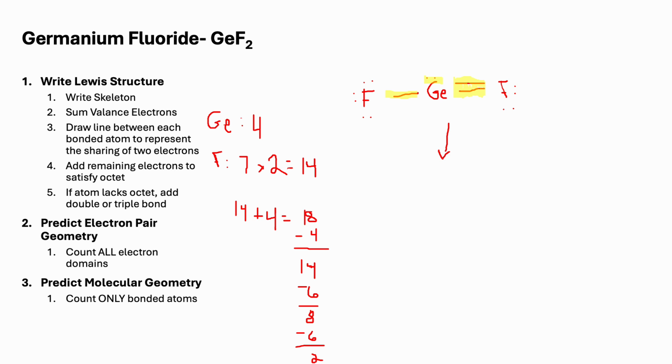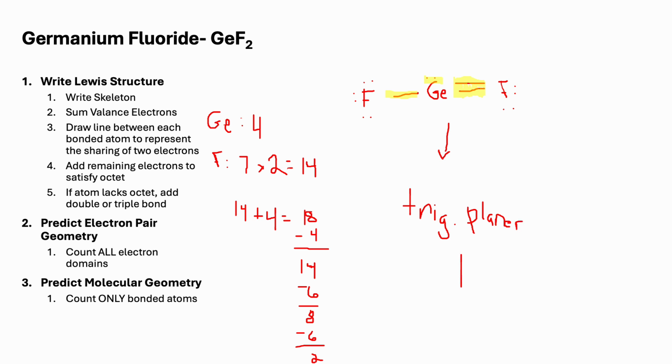And so if it has 3 electron domains, its electron pair geometry is going to be trigonal planar. It's trigonal planar because it would have these 3 domains.